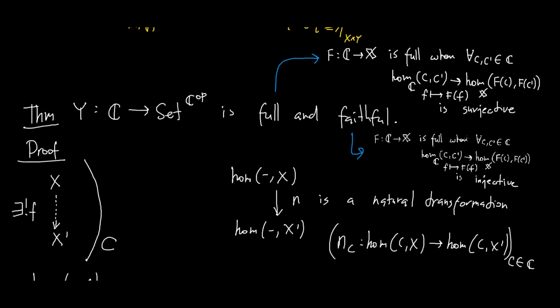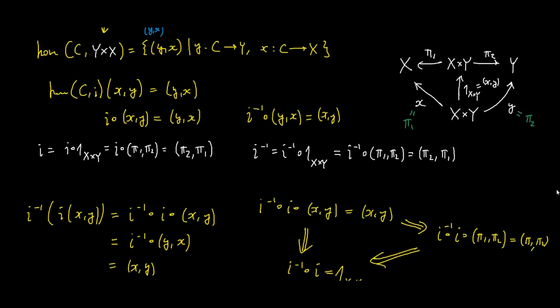We will later come back to full and faithful functors. The notion of a full and faithful functor is in general very important, and it's important because it has lots of useful properties. For example, it allows us to reflect isomorphisms, which would be a general version of the thing we proved here.